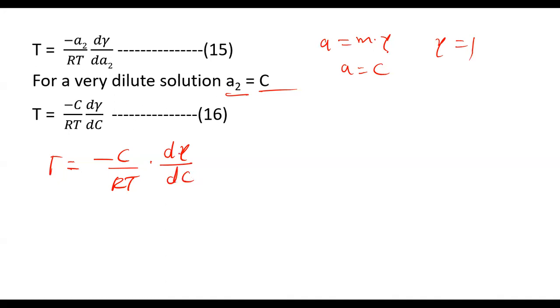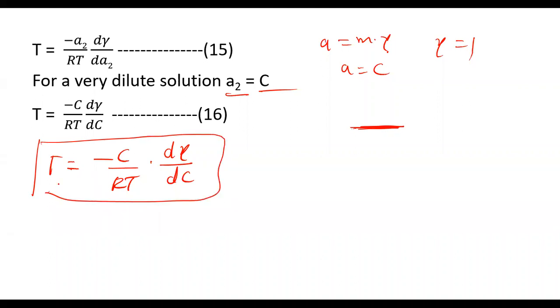d gamma is the change in the surface tension, and dC is the change in the concentration. So at the surface of the liquid, there is a change in the surface tension as well as a change in the concentration. This equation, tau equals minus C upon RT d gamma upon dC, is called the Gibbs adsorption isotherm.